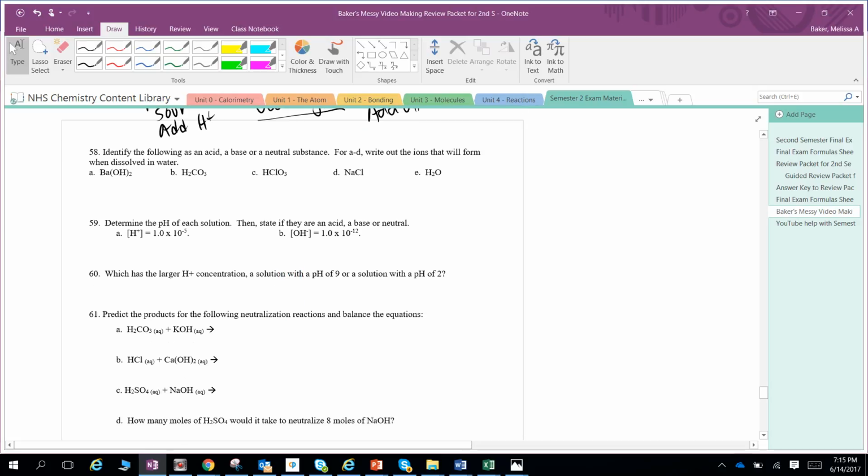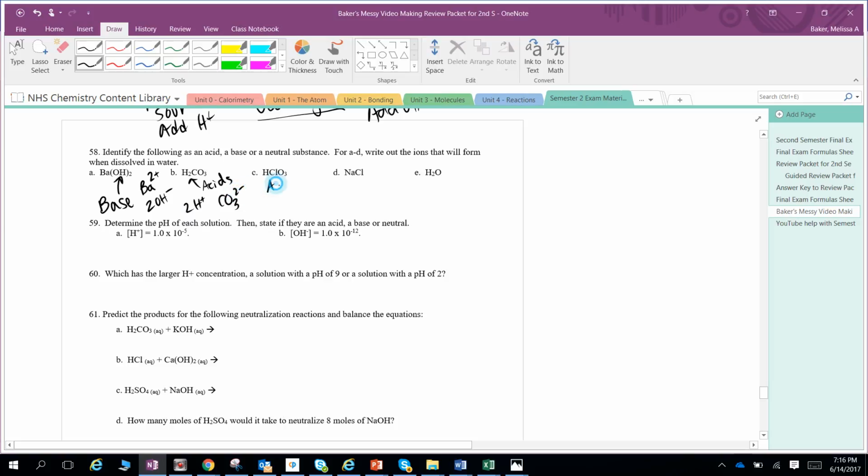So how do you recognize an acid or a base or a neutral substance? Well, ionic bases like this one put hydroxide ions in solution. So this would break up into barium and 2 hydroxide ions. Acids often start with an H, and they will put those hydrogen ions in solution.